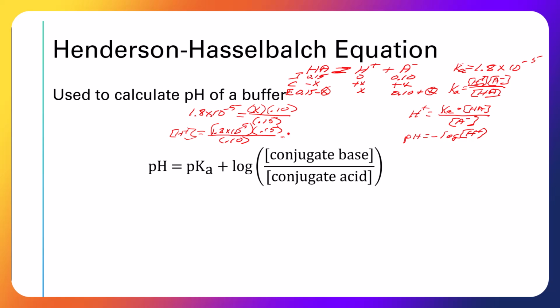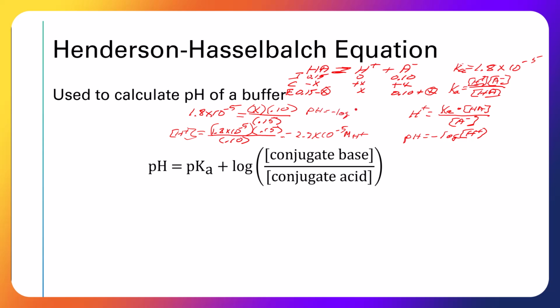And that gives me, looks like 2.7 times 10 to the minus 5 molar. That's in hydrogen ion. I'll go ahead and get the pH by taking the negative log.